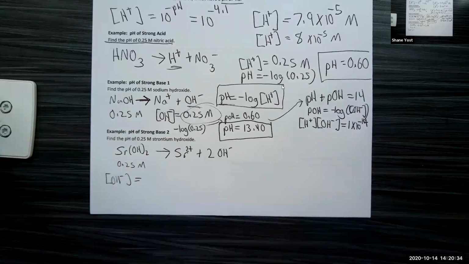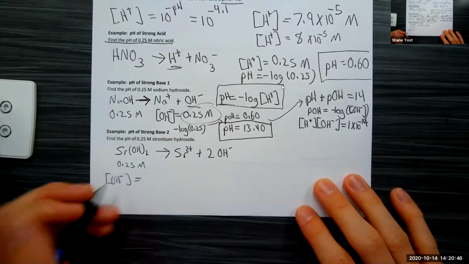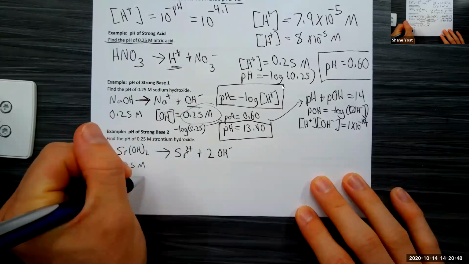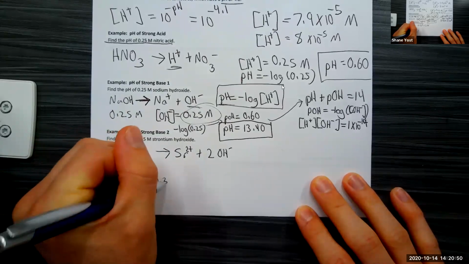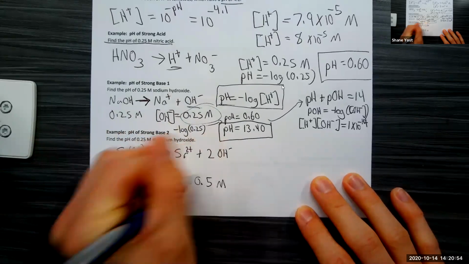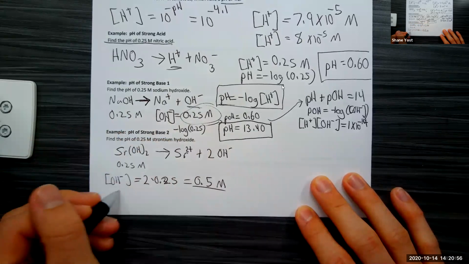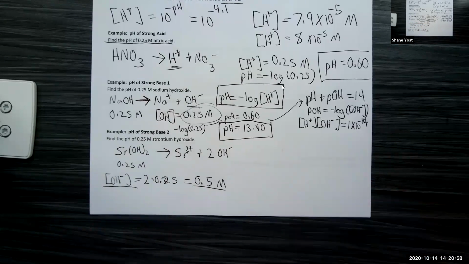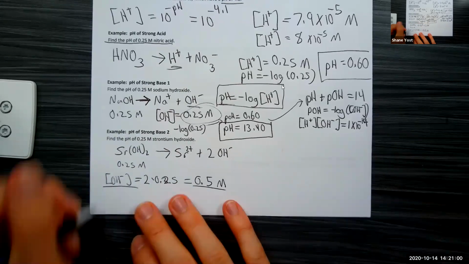This 0.25 molar completely breaks apart. It's double the 0.25, so 2 times 0.25, which is 0.5 molar. So 0.5 molar is the concentration of OH minus.